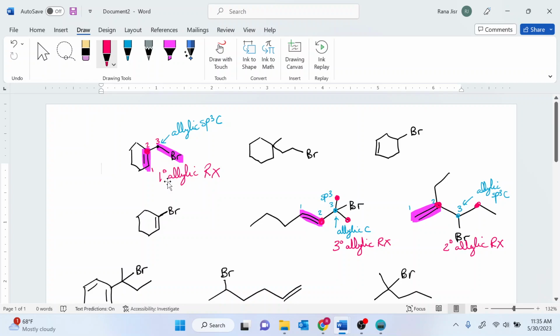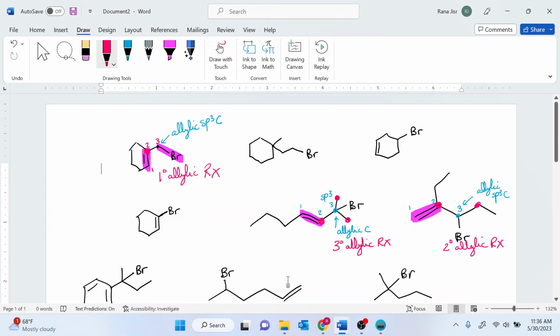So these are the 3 cases of allylic alkyl halides. They can be classified as primary, secondary, or tertiary. To locate those again, you locate where your allylic carbon is and see how many carbons it is connected to. The allylic carbon has to have the halogen attached to it to be called an allylic alkyl halide, or else it will be just an allylic carbon without the alkyl halide.